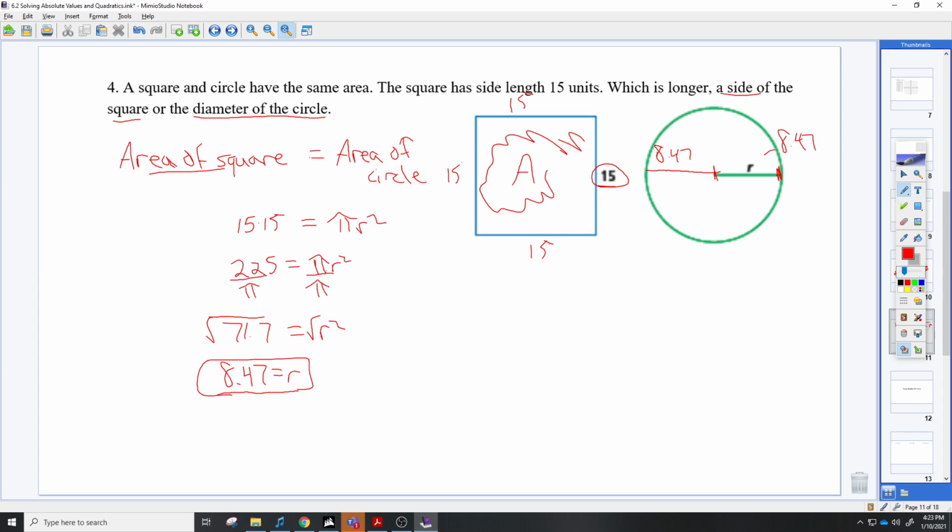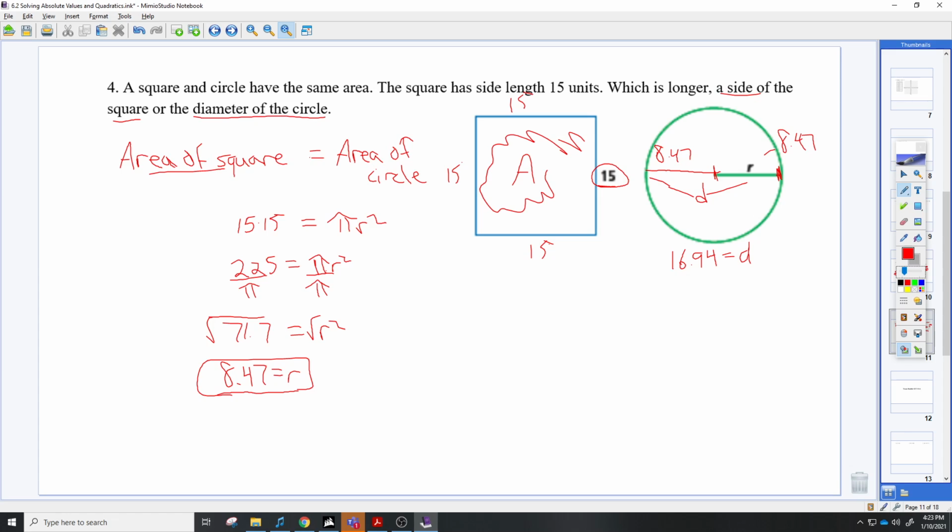So it looks like it's going to be 16.94. So you just multiply by 2. And then the diameter, D, the whole way across, is 16.94.